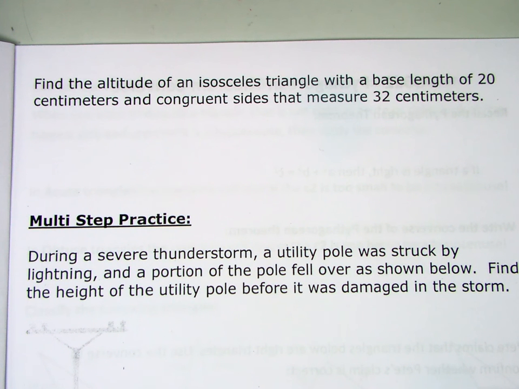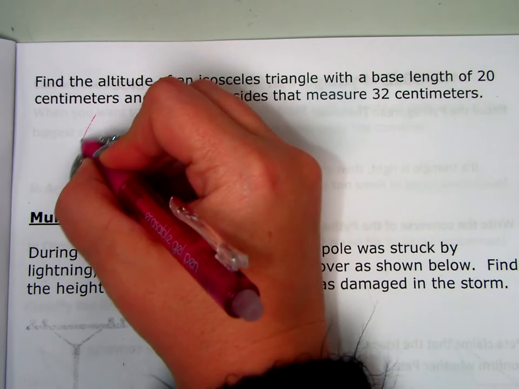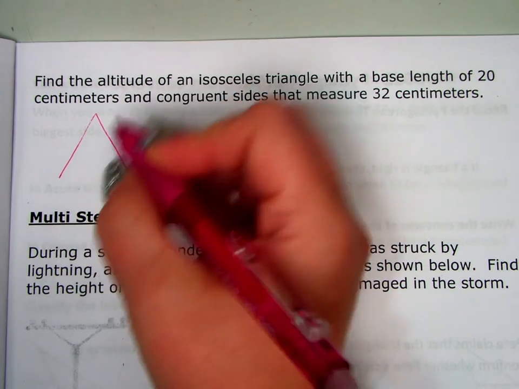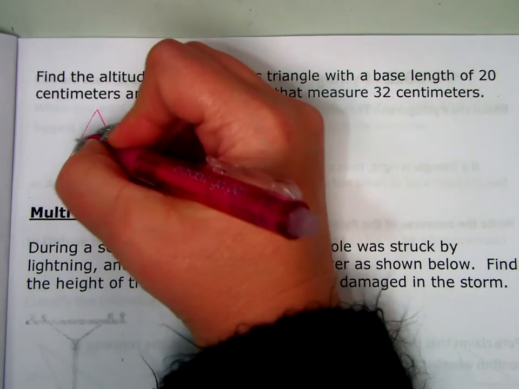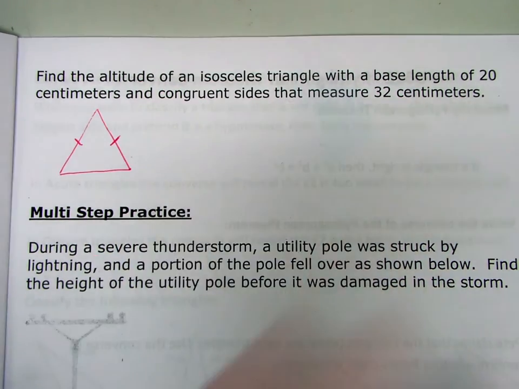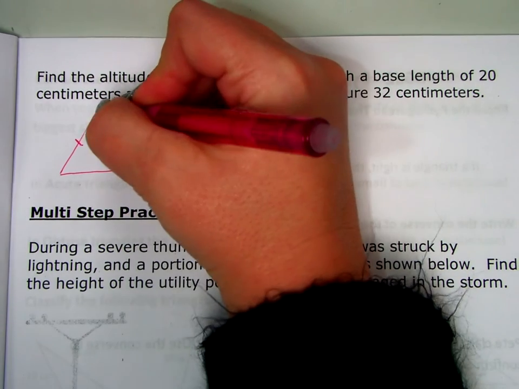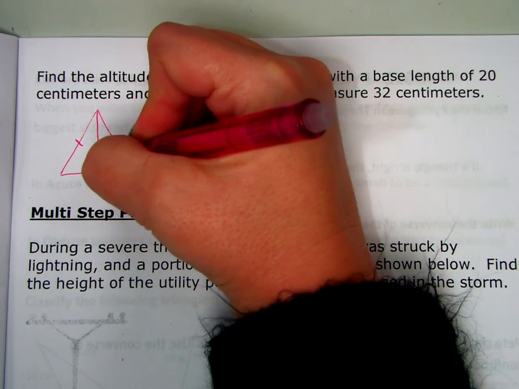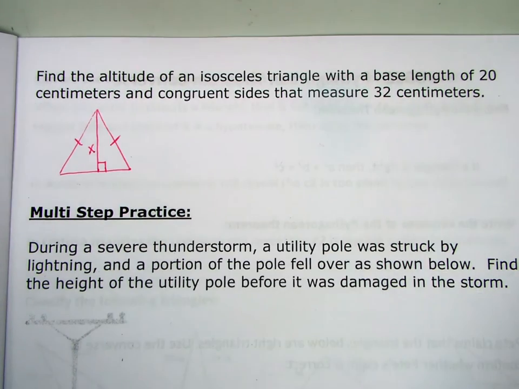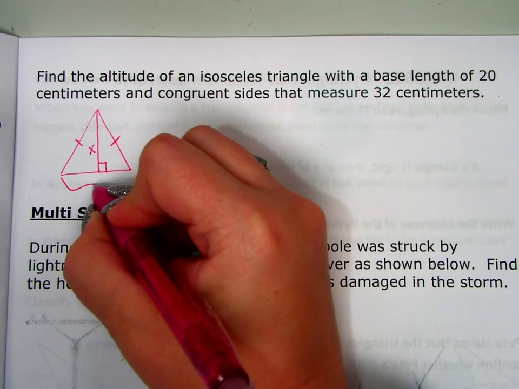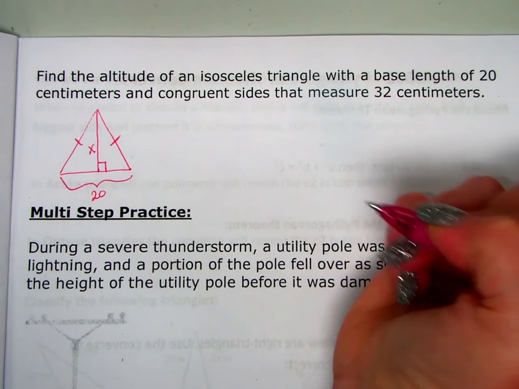The next one, find the altitude of an isosceles triangle with a base length of 20 centimeters and congruent sides that measure 32 centimeters. All right, so for this one, I don't have a picture. I can sketch it. I know I'm isosceles, so 2 sides are the same. I'm trying to find the altitude. My base length is 20.